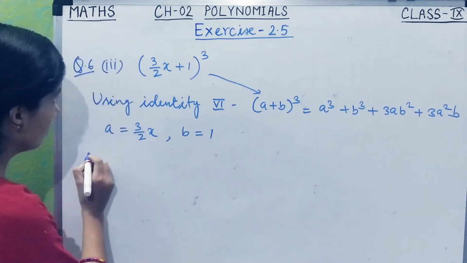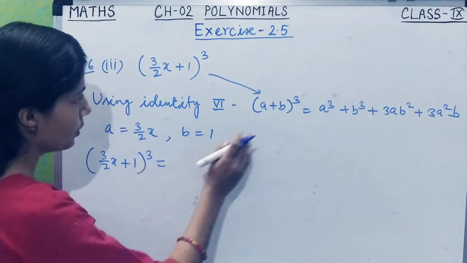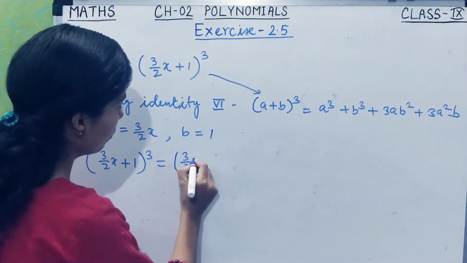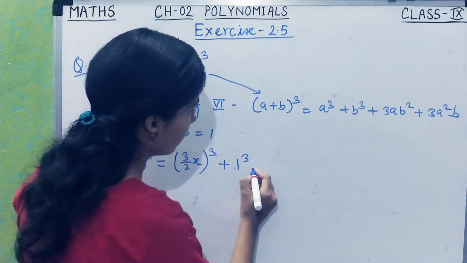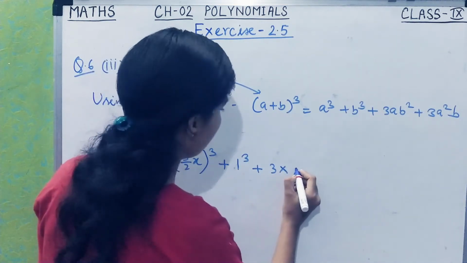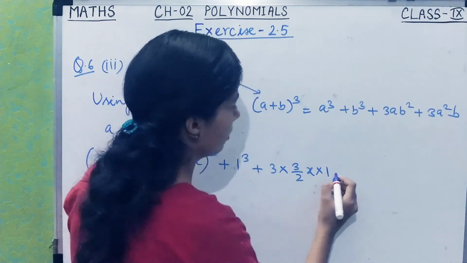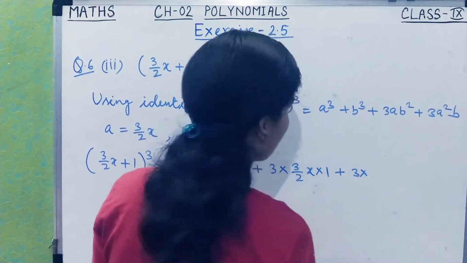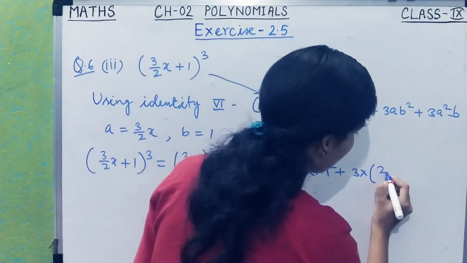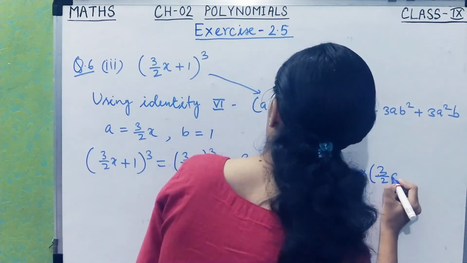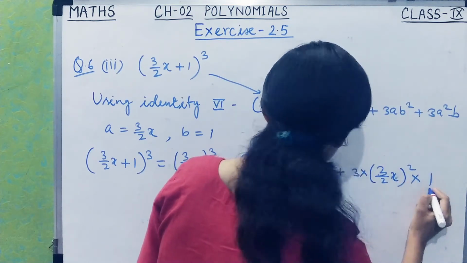Here, (3 upon 2x plus 1) whole cube equals a cube, means (3 upon 2x) whole cube, plus b cube, means 1 cube, plus 3 into a, what is a? 3 upon 2x, into b, that is 1, plus 3 into a square, b square. 3 into a square means 3 into (3 upon 2x) whole square into b, which is 1.